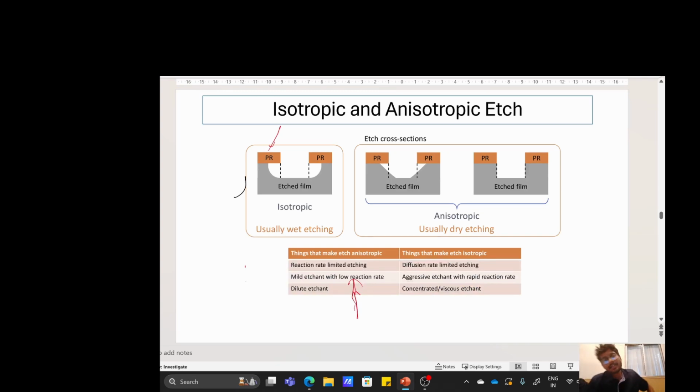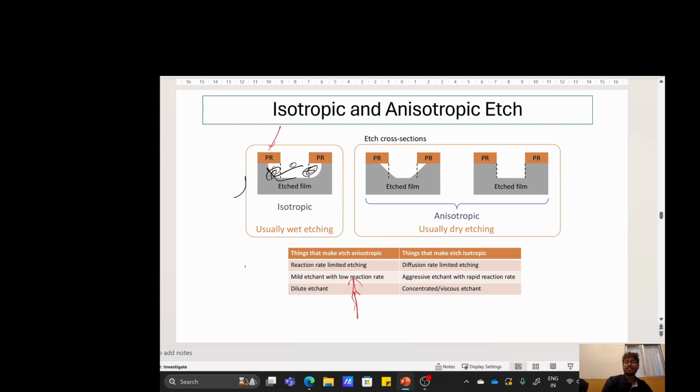Now another one is isotropic and anisotropic etching. In isotropic etching, there is etching uniformly in all directions. In this one, you can see that as we increase the time, there is an under etch also.